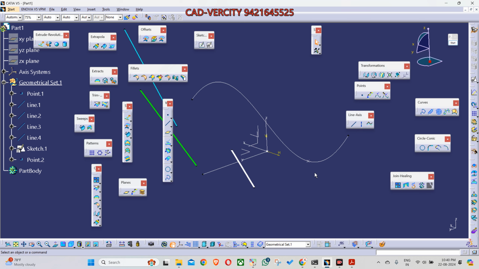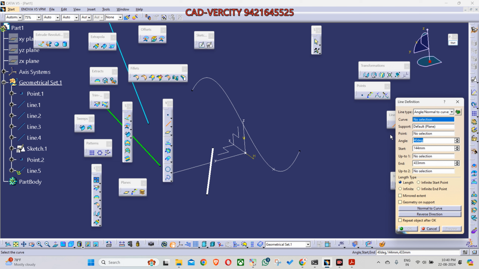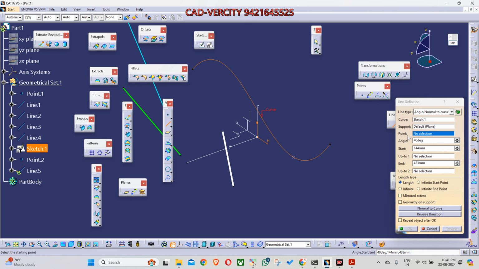I want one line perpendicular or tangent to this curve. First I will draw perpendicular. Line. What is our curve input? Spline. Next, give the point. This point, what we added.